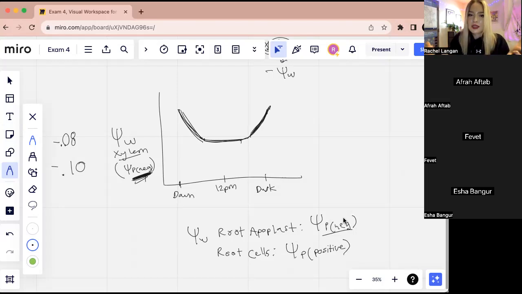So if the cell is at least alive and has some amount of turgor pressure, then it's going to have a positive pressure, and that's the pressure of the water pushing out against the cell wall. You could manipulate the cell in an experiment to have negative pressure, but you would kill it. Okay, so it's positive pressure and then also solute potential, which is what y'all learned last unit.